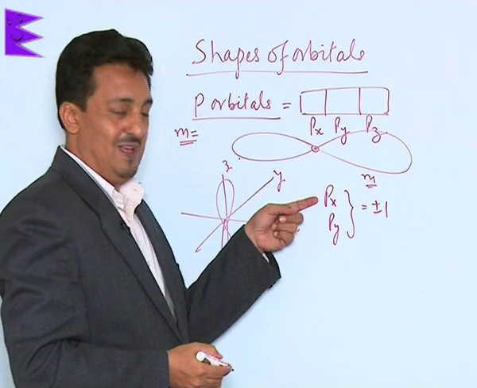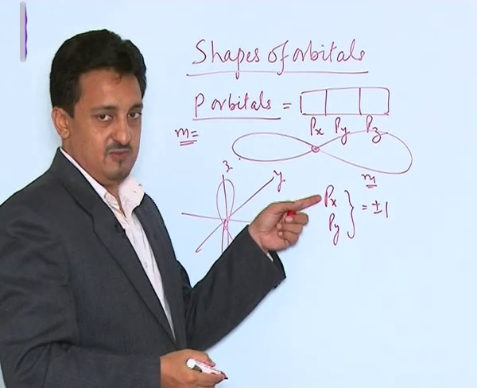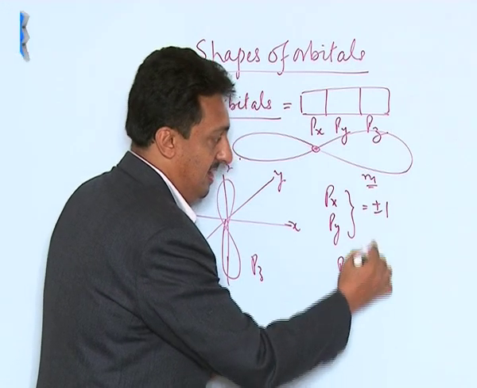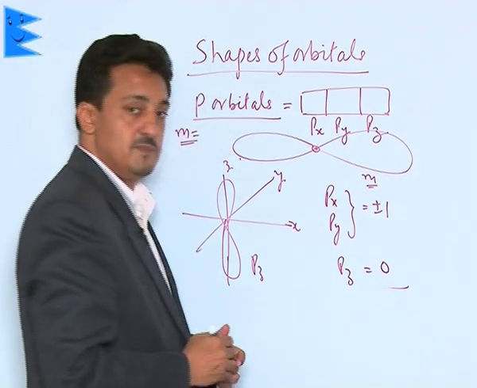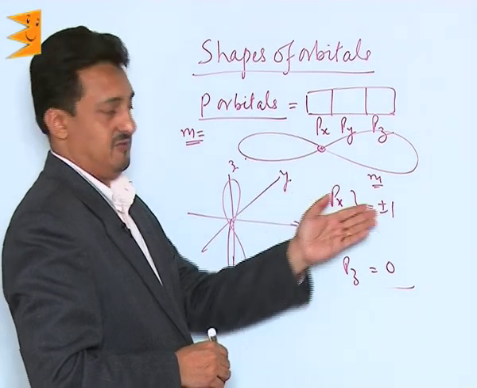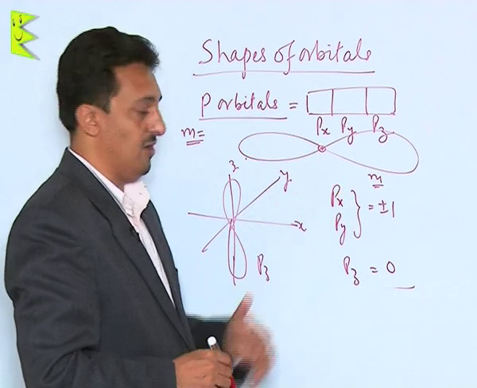So if px is plus 1, the other will be minus 1. If this is minus 1, the other will be plus 1. But the value of m for the pz is 0. So this is how we have -1, 0, +1, the values of m for the 3 p orbitals.